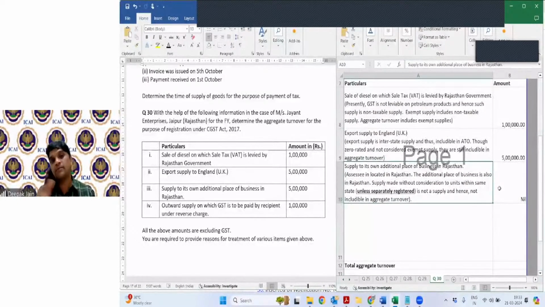Had it been a separate registration, then that would become a principal place of business. Since it is mentioned as its own additional place of business, it means it is one registration number. So this will not be included here. Got it? Supply to an entity will be considered as liable to GST only if it has a separate registration. Only then it will be included.